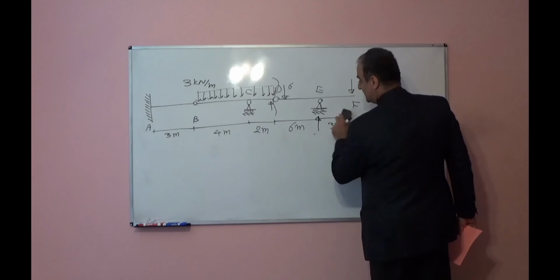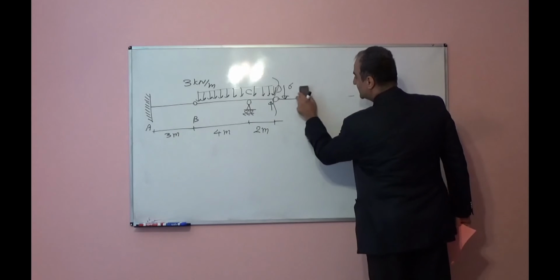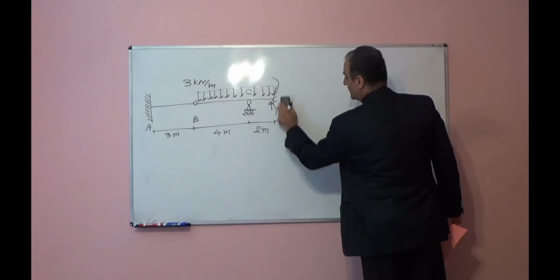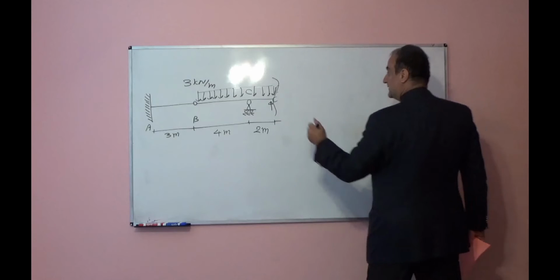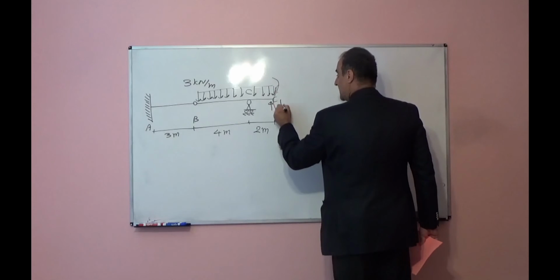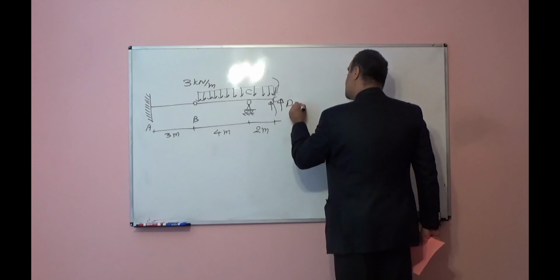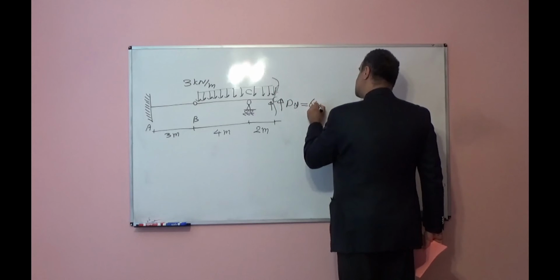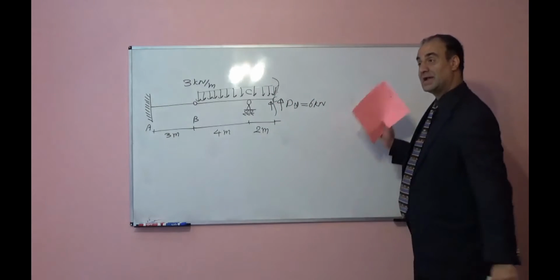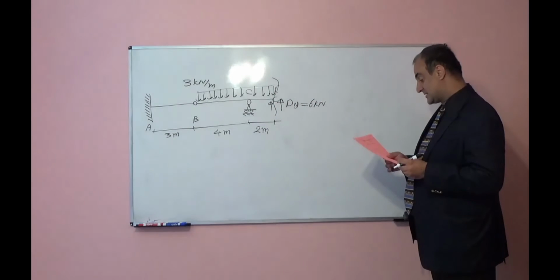Now, if I remove this part up to here, because I found everything, this Dy should be upward 6 kilonewton. In the other free body diagram, it was downward.